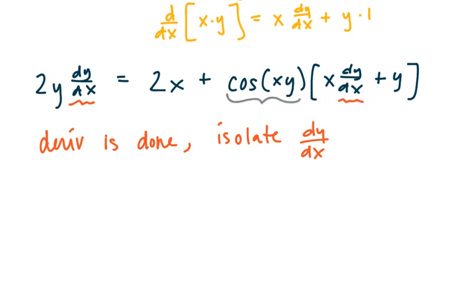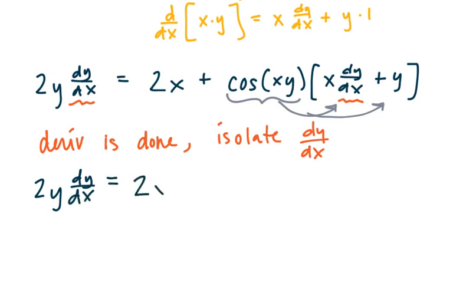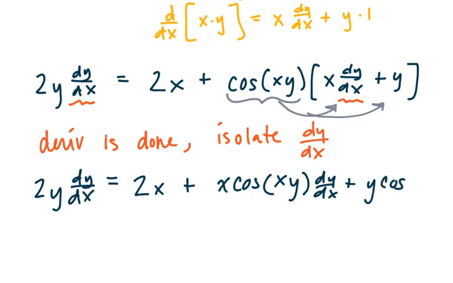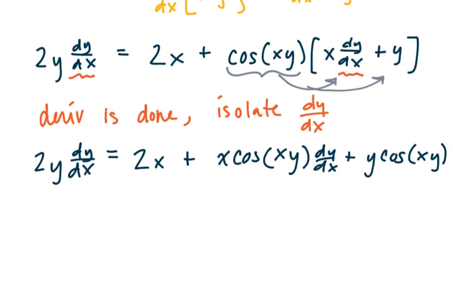Okay, so all of this is going to have to go to both of those terms. So I'll rewrite this. 2y dy dx equals 2x plus x times cosine of xy dy dx plus y times the cosine of xy. Right, so I distributed cosine xy to both of those terms in my square brackets.